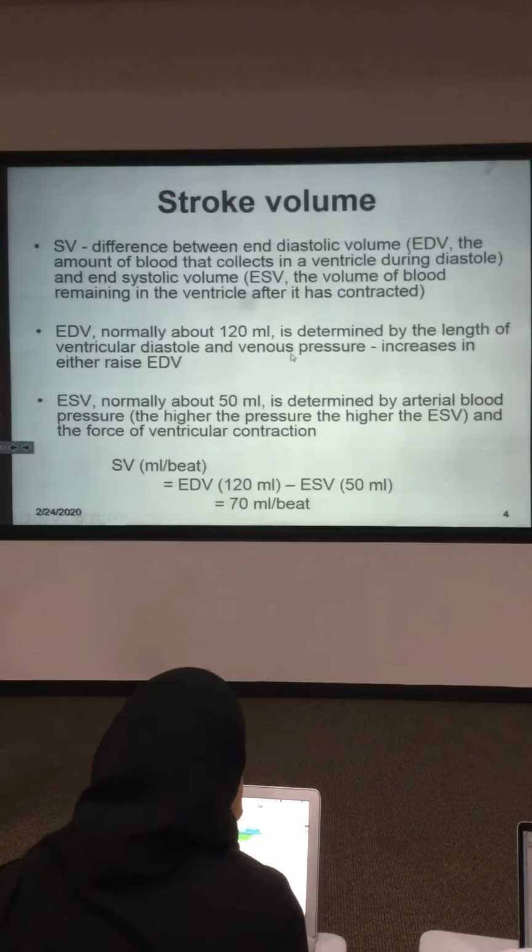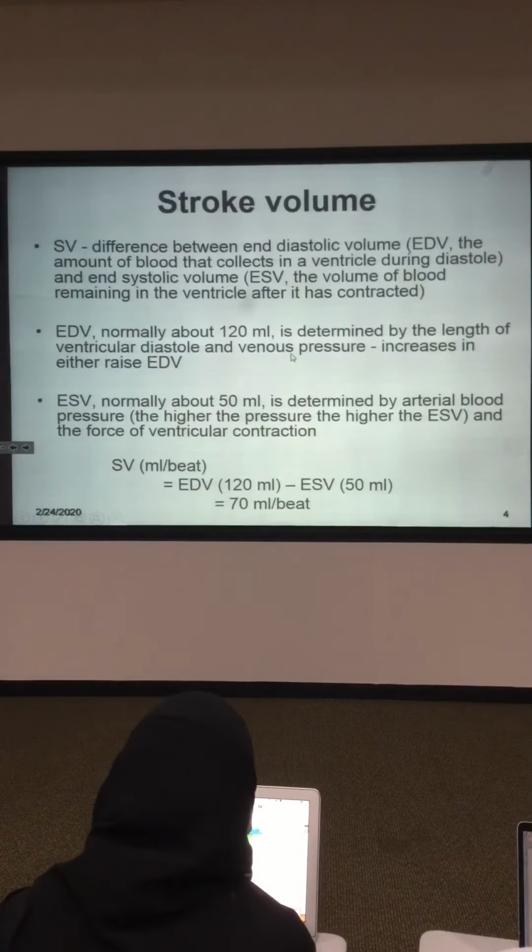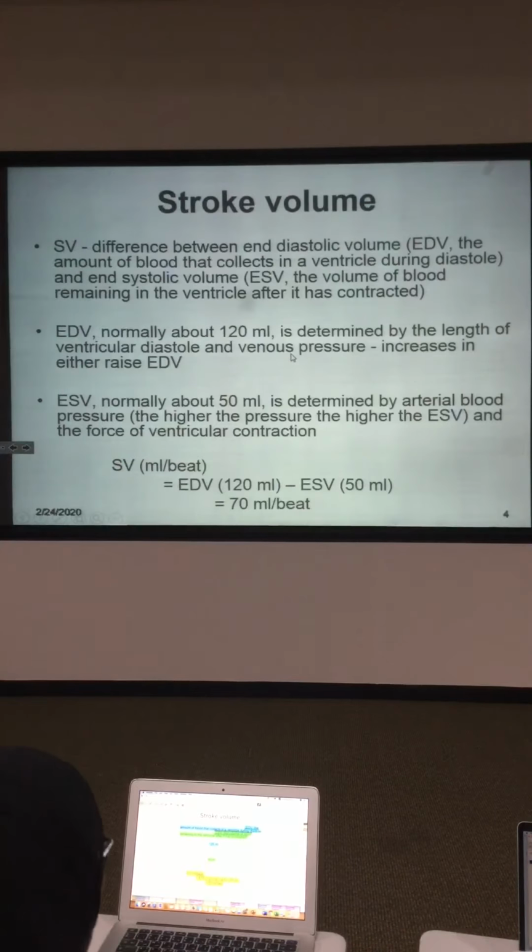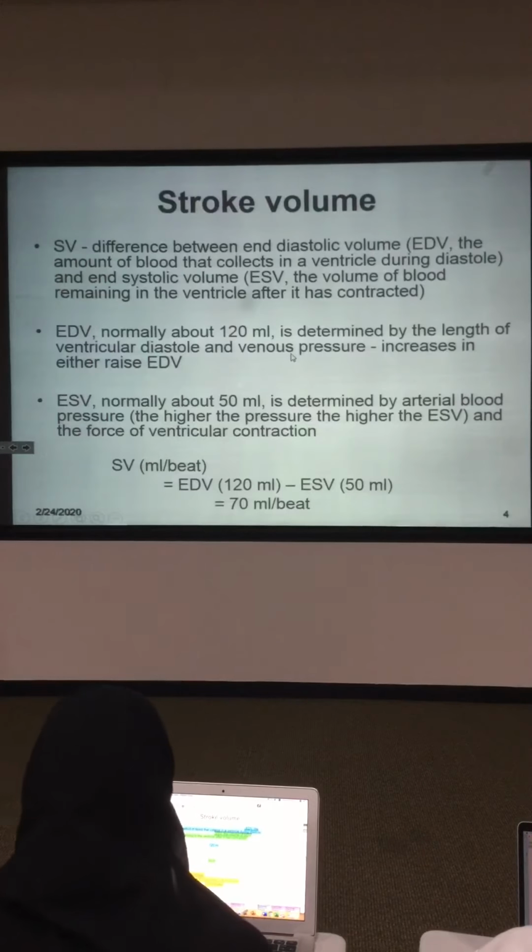Yeah? End systolic volume, let's say normally 50 mils, it's not exactly 50, but let's say around 50, it's determined by arterial pressure. So for example, as I mentioned, if you've got somebody with hypertension, the pressure would go up, wouldn't it? So the end systolic volume is determined by arterial blood pressure. The higher the pressure, the higher the end systolic volume and the force of ventricular contraction.